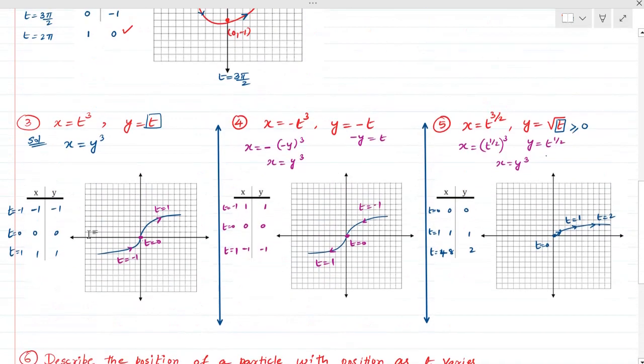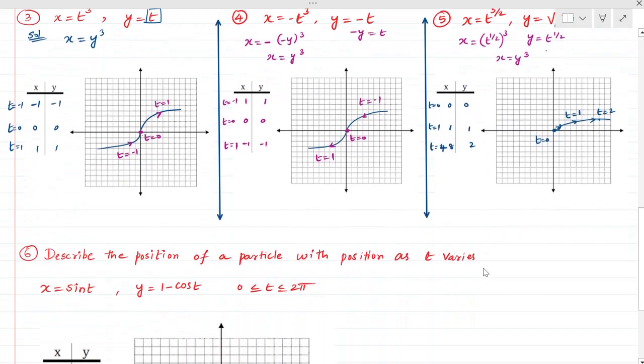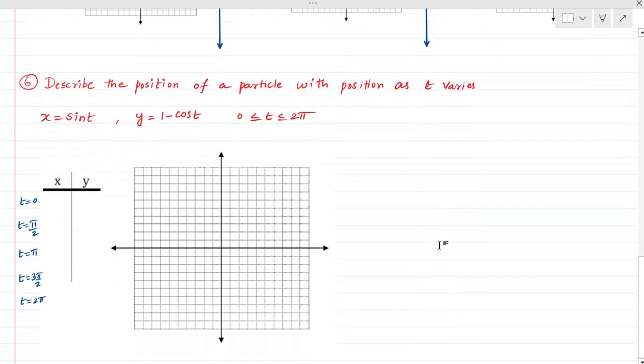Whenever you have an equation like x equals t cube, y equals t, I can choose the values of t from minus 1 to plus 1. If it is a root, I have to use from 0 to the positive values. So whenever it is a trigonometric function, we use the t value as radian or degree, that is 0, 90, 180, 270.